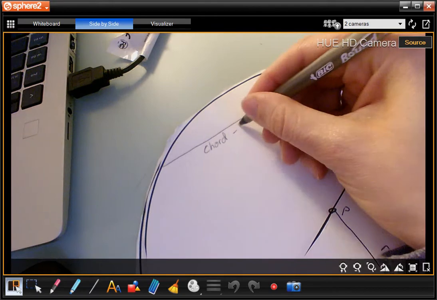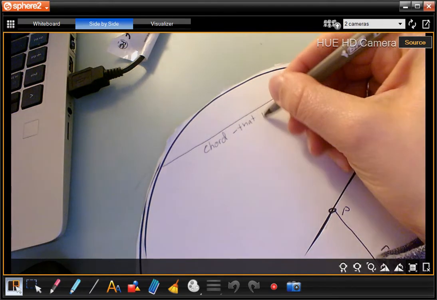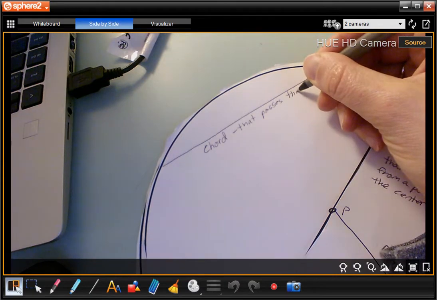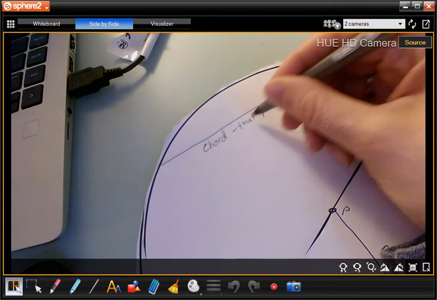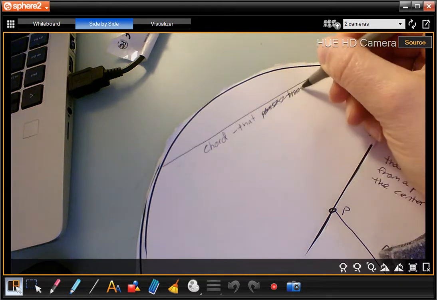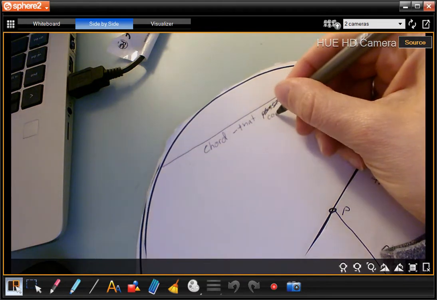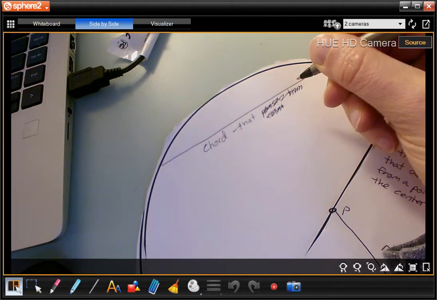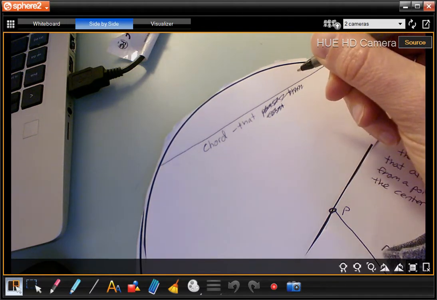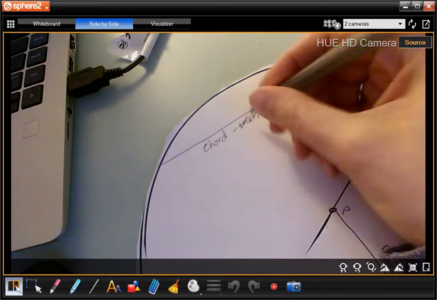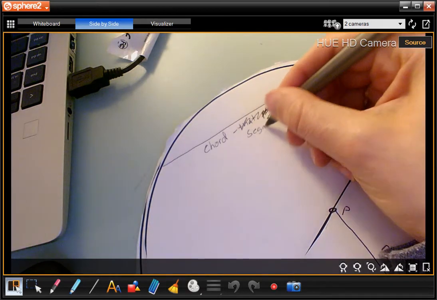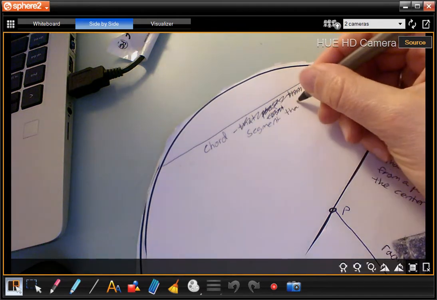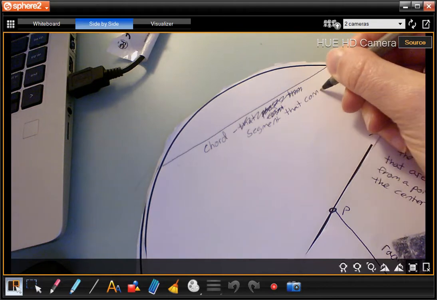A chord is a segment that connects 2 points on a circle. There we go, that makes more sense than what I was saying.